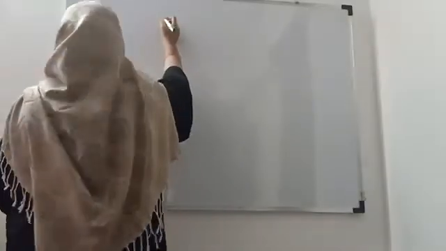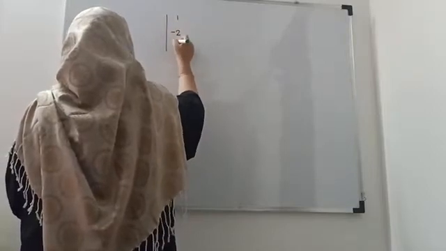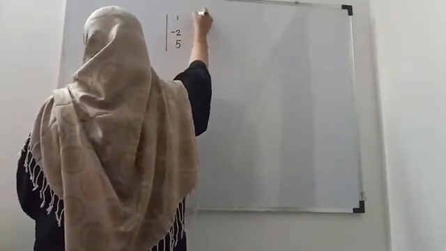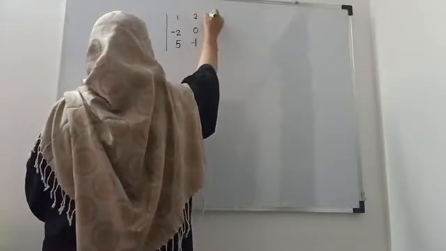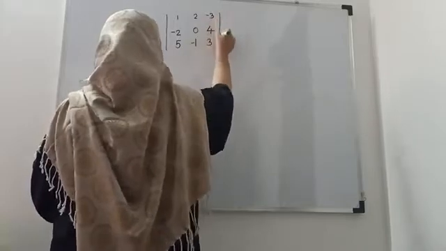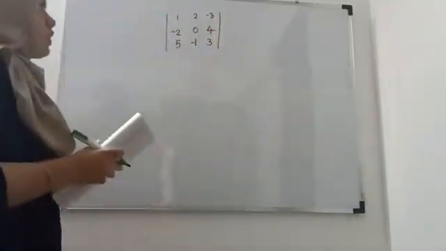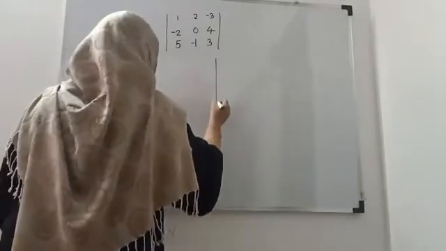So I am doing problem number 2, page number 62. The determinant is 1, minus 2, 5, 2, 0, minus 1, minus 3, 4 and 3. First of all we will find all the minors and then we will go for the cofactors.